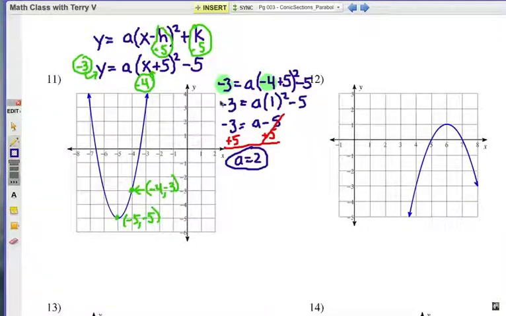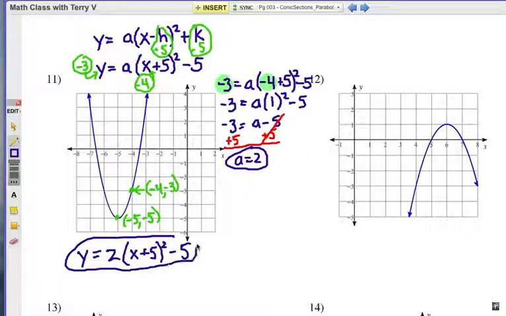Just speeding some things up here, I'm going to substitute those x and y values in, and we end up with a equals 2. Now if I write the whole equation myself, it's going to be y equals, put 2 in place of the a there, 2 times (x plus 5) quantity squared minus 5. So that is going to be the equation of my parabola.